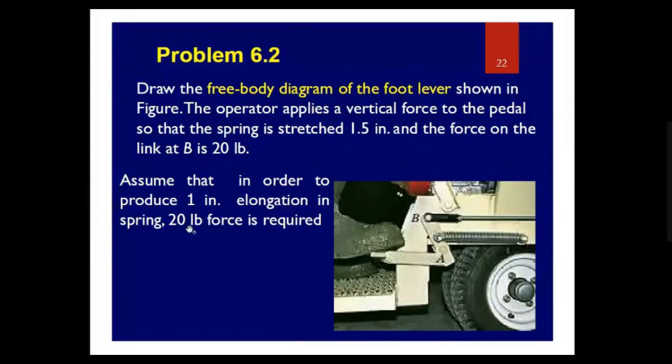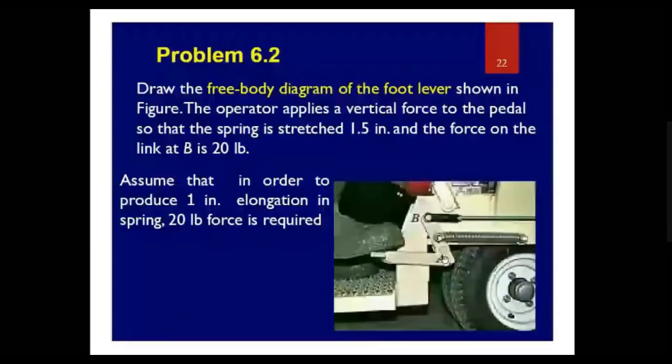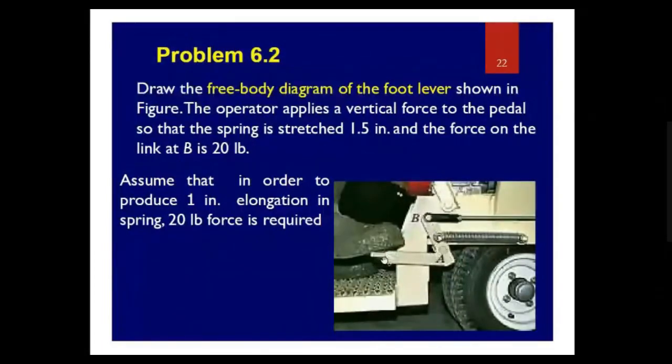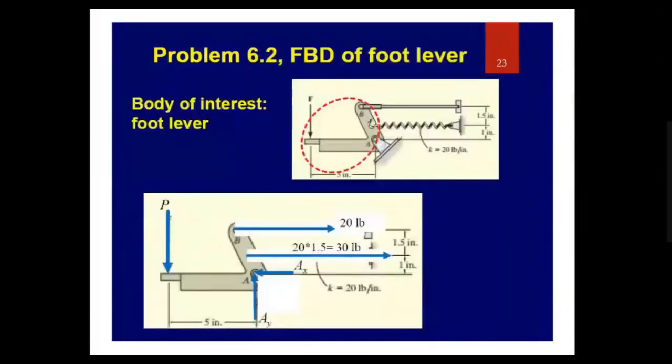Okay, so now let's draw the free body diagram of this foot lever. So this is our body of interest. Let's call this point O. So draw the OAB body and then remove the corresponding supports from that body. So I'll show that body and isolate it from the surrounding bodies.